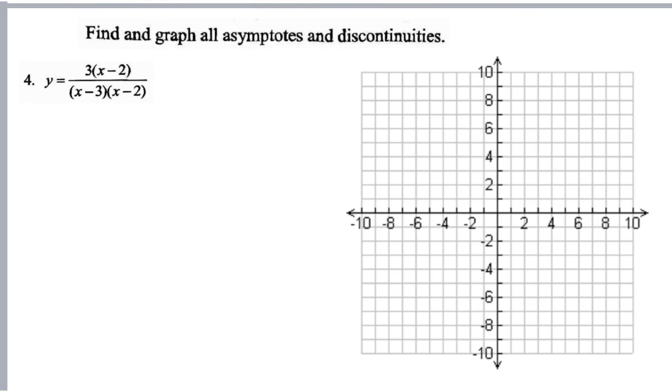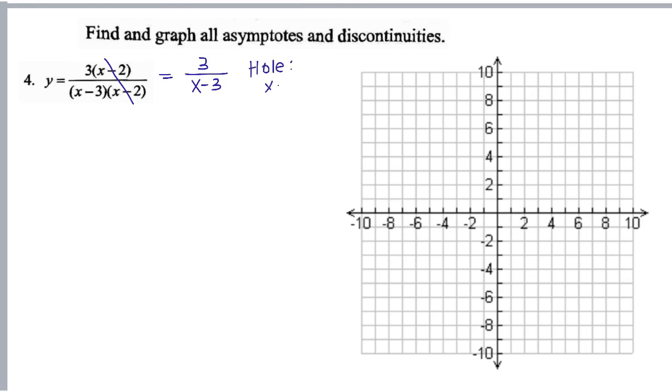Okay, with number 4, again, same process. We would need to factor and cancel first. This has already been factored for us, and so we can go ahead and cancel, and that's going to leave us with the function 3 over x minus 3. But now we also need to find the hole in the graph, so we need to set what we canceled equal to 0.